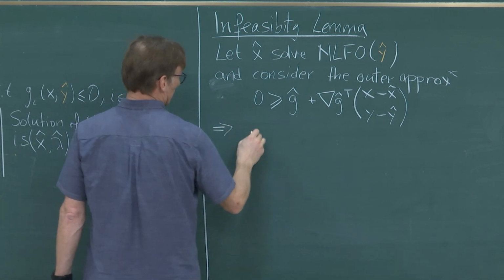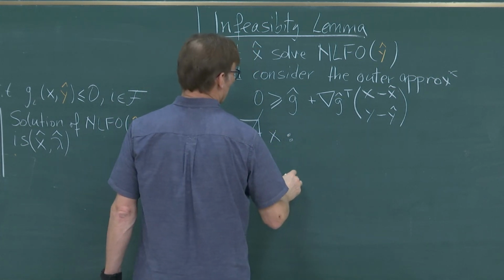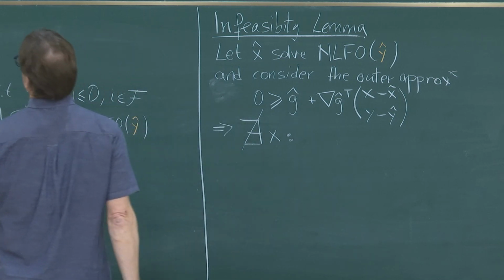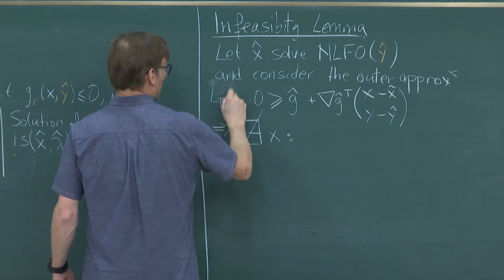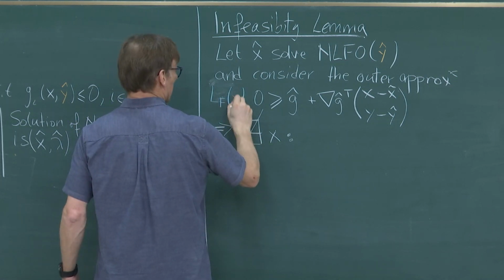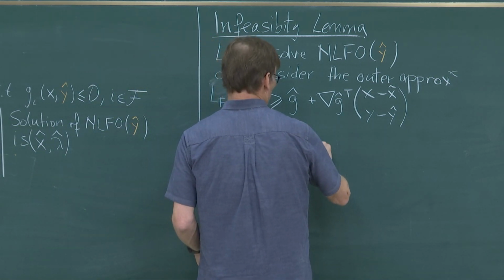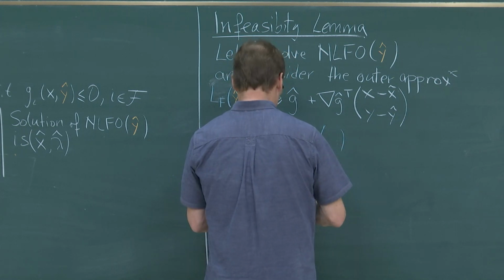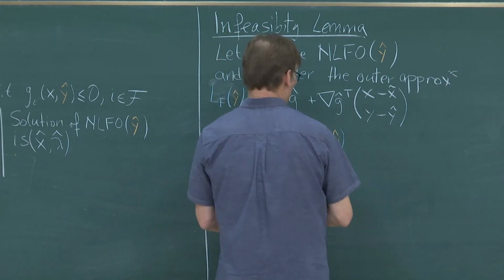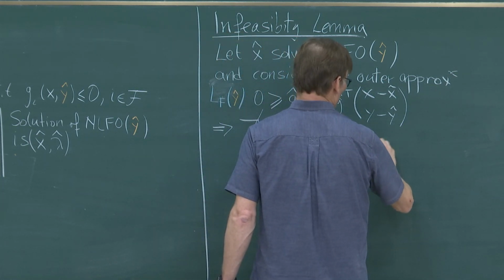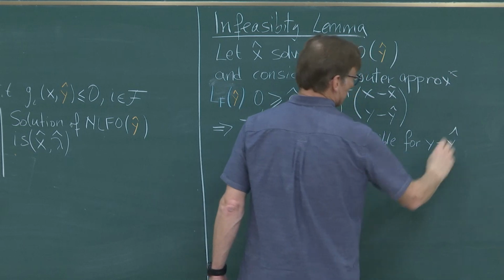And then it follows there exists no x such that this constraint, which is now the linearization for the feasibility one at my point y hat, such that LF of y hat is feasible for y equals y hat.